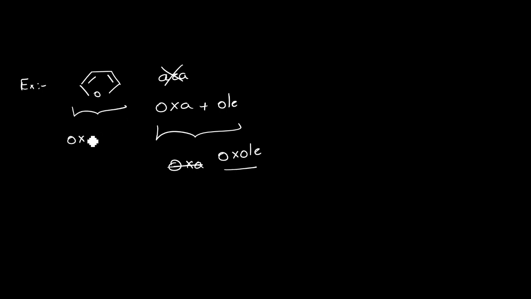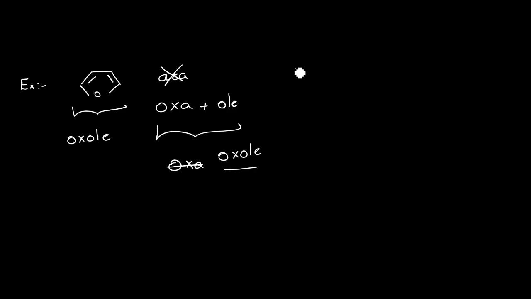We need to add OLE to this initial word, so the whole word will be oxole. This structure's name is oxole. This is how we do the nomenclature in this case.